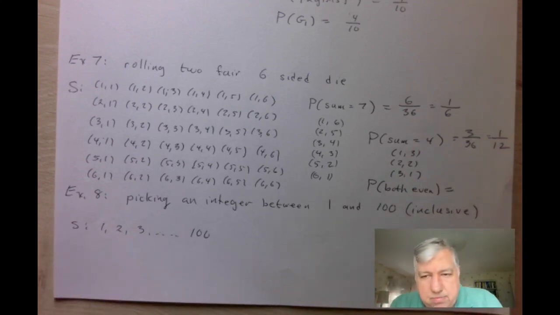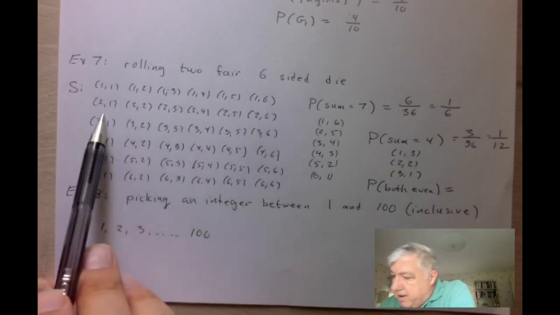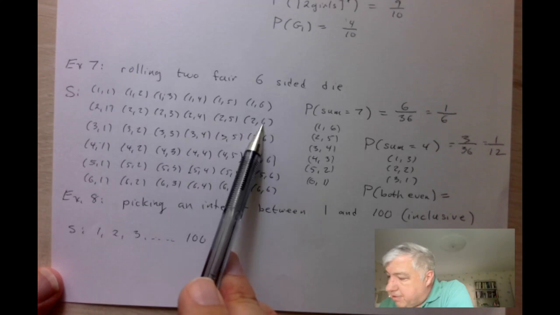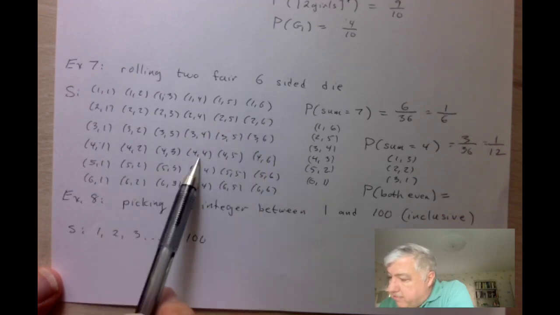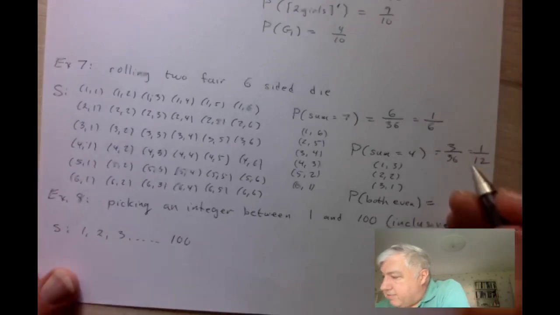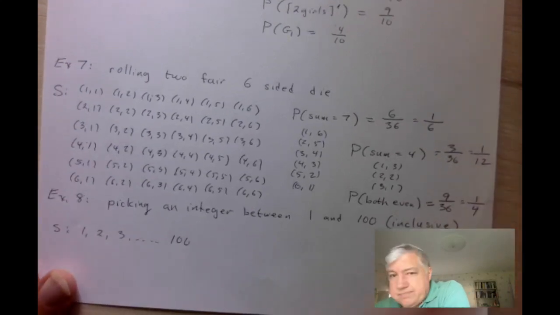You might think that would be 1/2, but actually it's not. You can see how many where both are even. Well, we have 1, 2, 3, 4, 5, 6, 7, 8, 9. So this would be only 9 out of 36, or 1/4.